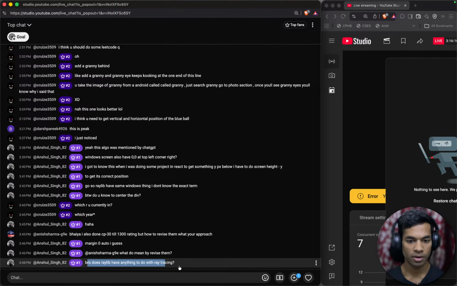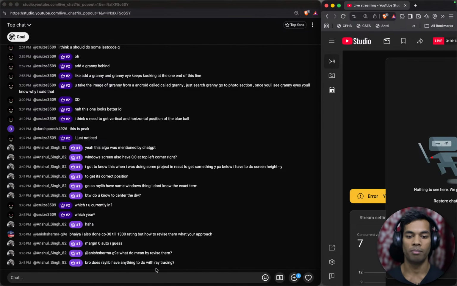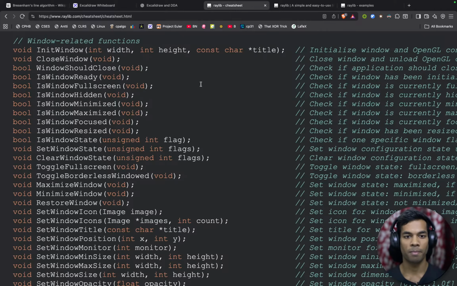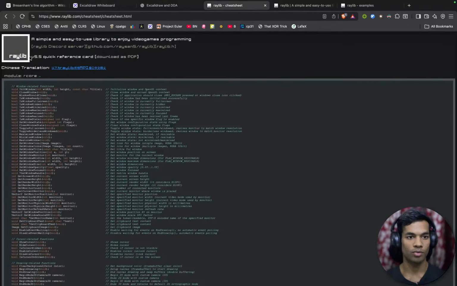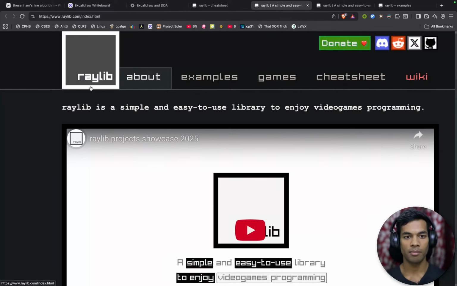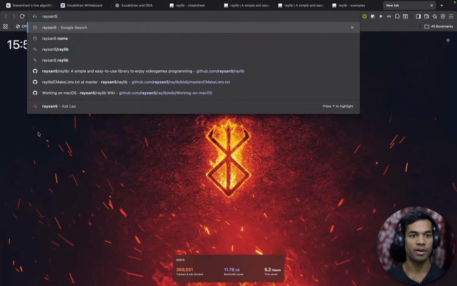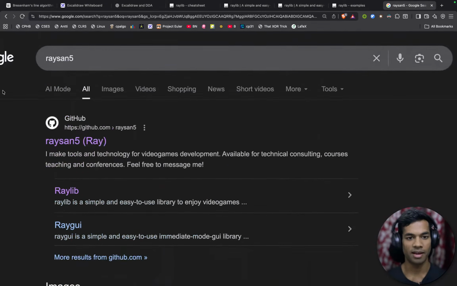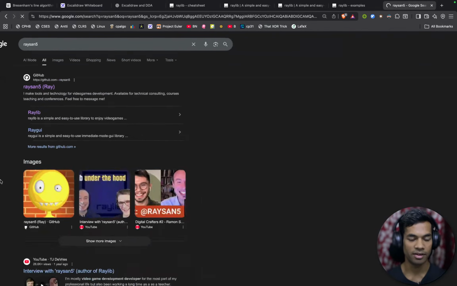Have anything to do with ray tracing? No. Yes, I mean, yes, Raylib is also, let me show you Raylib. Okay, why is the name Raylib? Because this is a library, and Ray is because we have a certain someone called Raysan. This person's name is literally Raysan.